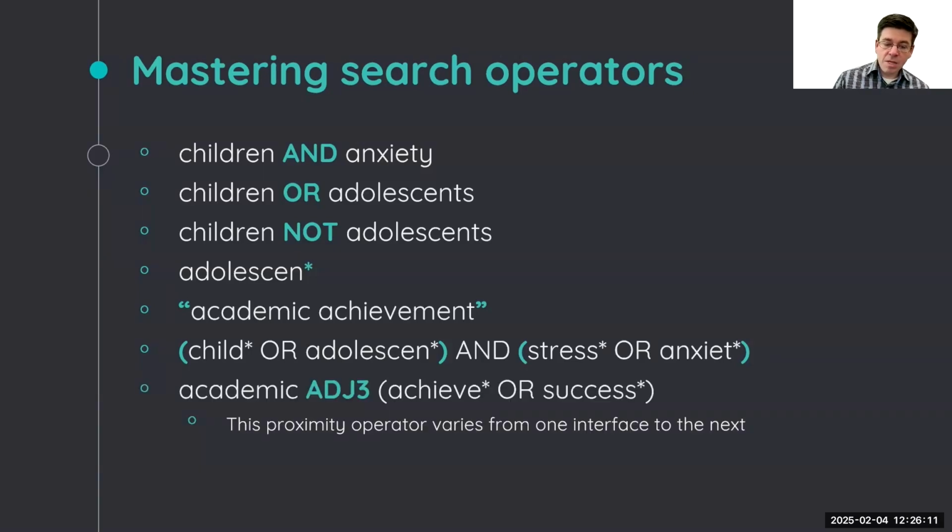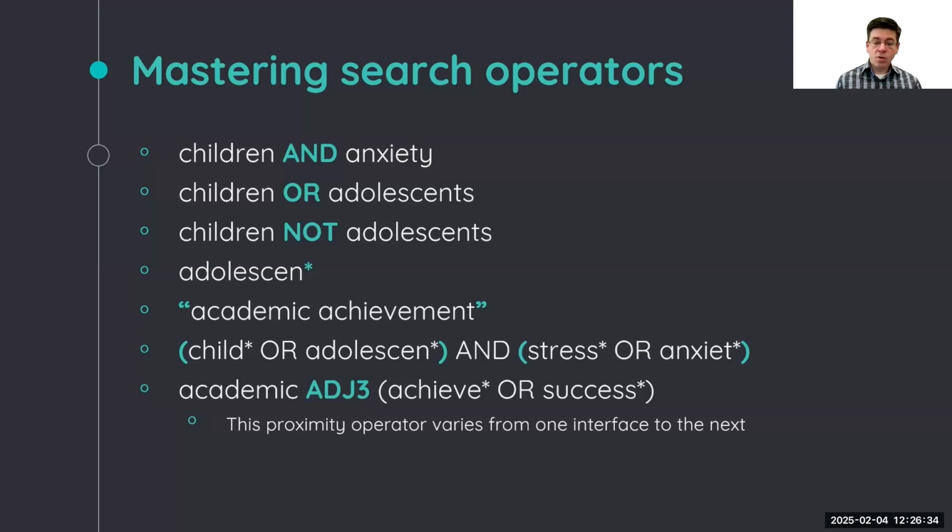It's called a proximity operator, and this one will vary from interface to interface. So if you're on Ovid databases versus ProQuest databases versus EBSCO databases, the proximity operator is going to be different. In this case, this is an example from an Ovid search where we're using the ADJ operator, and it stands basically for adjacent.